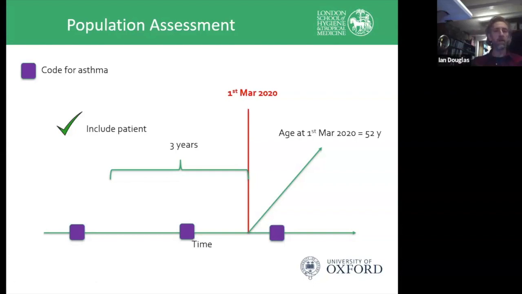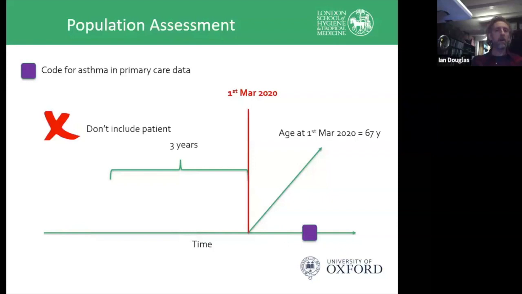Now, of course, we also get the rest of their medical record. So it's possible that they could have had a code for asthma before this time, or also subsequent to the 1st of March 2020. These records subsequent to and much earlier are not relevant for assessing whether the person should be included in the population. But this record here within the 3-year time window is really important, and it allows us to include that person as a patient with asthma for this study.